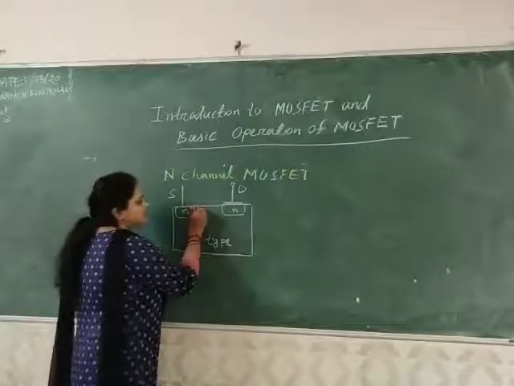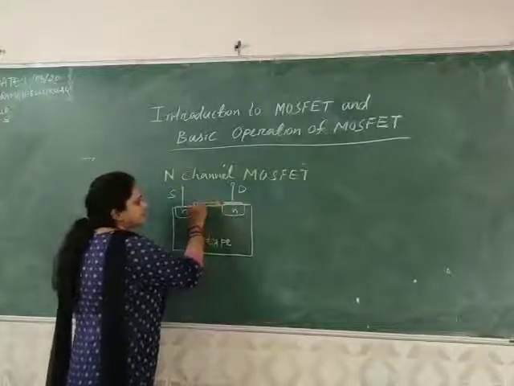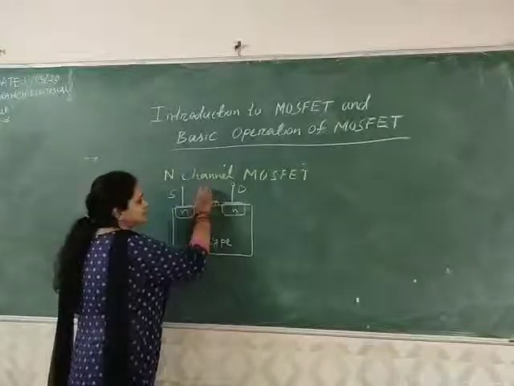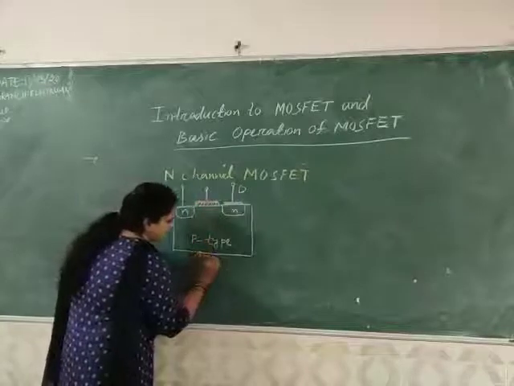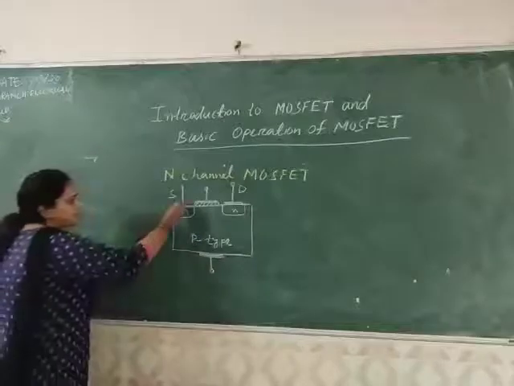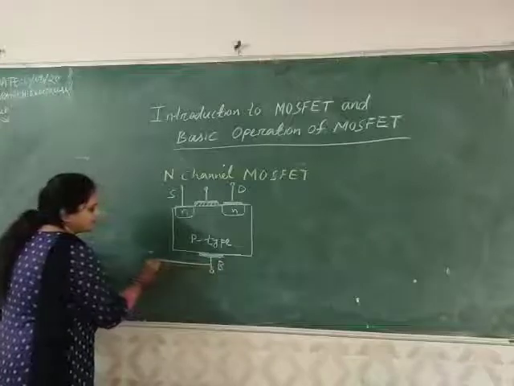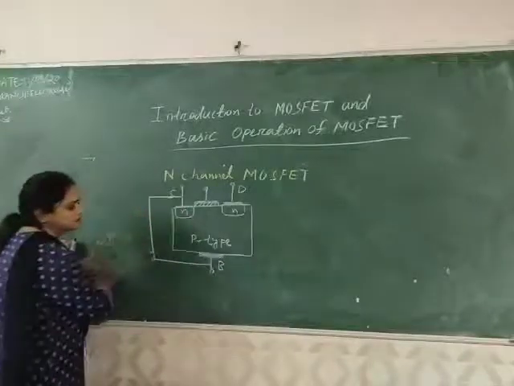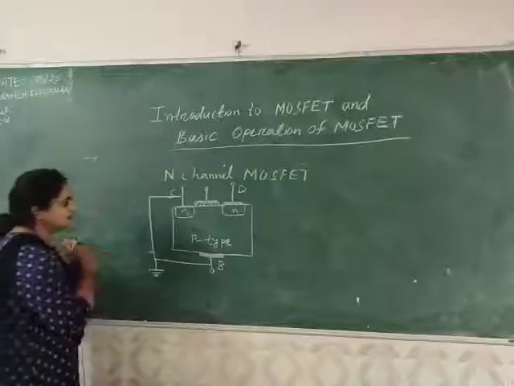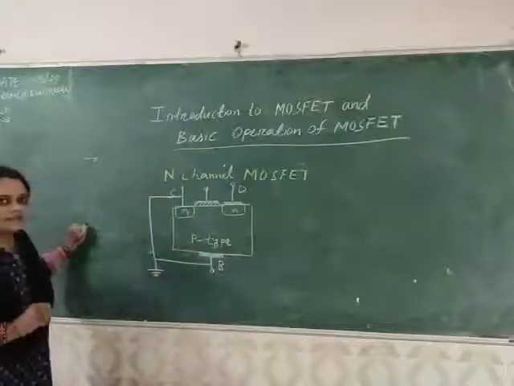But before this, on the surface of the substrate, we first form an oxide layer. On that oxide layer, the gate terminal is formed, and here the body terminal is formed. As we know that the body terminal is always connected to the source terminal and at 0 voltage, means it is always grounded, and this is an N channel enhancement type MOSFET.